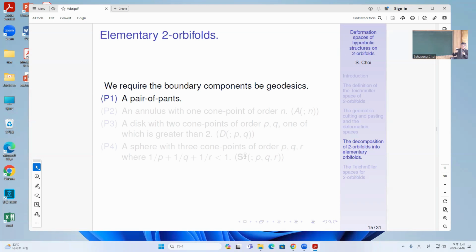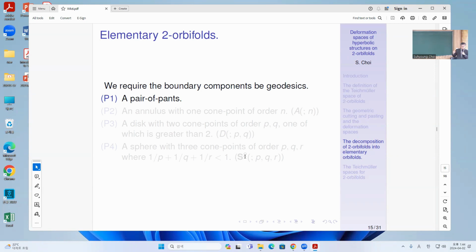So any simple closed curve will bound a disk with two punctures, or one puncture, or no punctures, right? So if you bound two punctures, it will be isotopic to the other boundary.